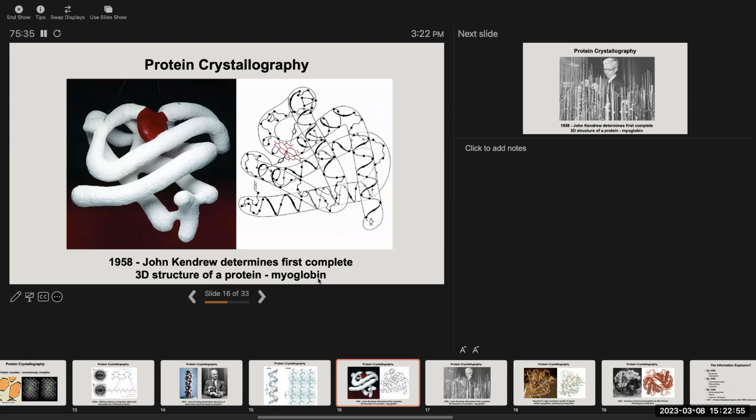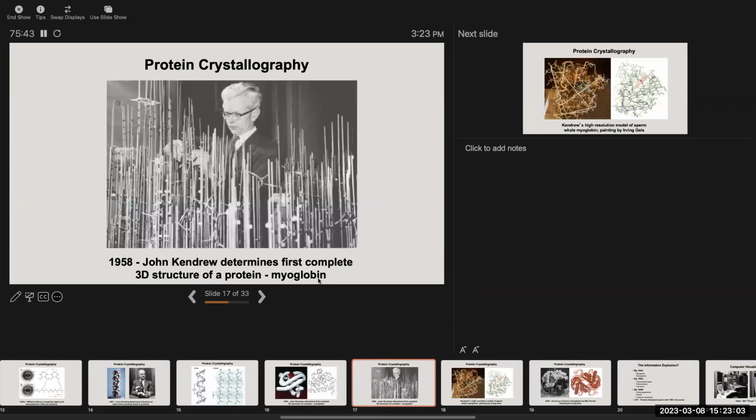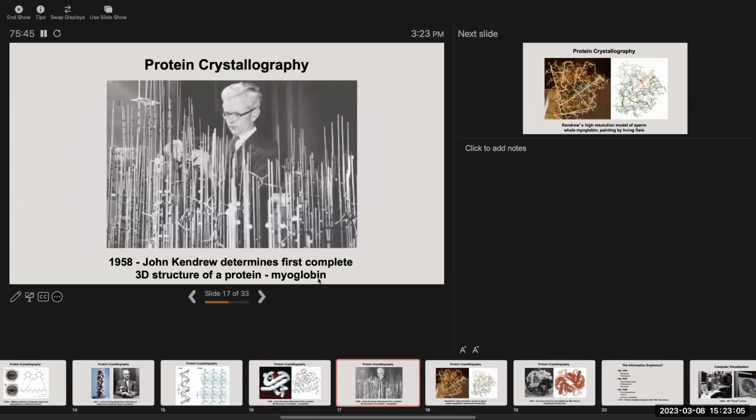So, like I said, this was the low resolution version of the myoglobin molecule. Kendrew then continued to do more math, analyze more dots in the X-ray pattern, and eventually was able to build a high resolution model that literally had every single atom in the molecule in its correct geometric location.